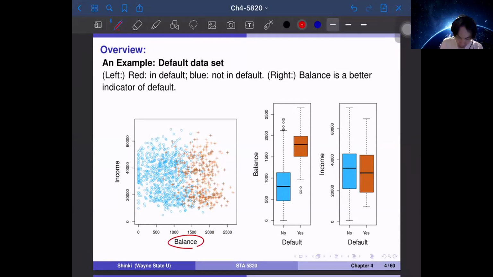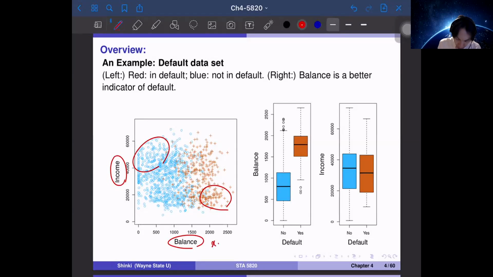And this is balance and income of individuals. Blue means not in default and red is in default. So if the income is lower and the balance is higher, then we have more default. And in the other case, we have less default. But actually, it seems the balance is the more dominant factor to determine whether or not people default.